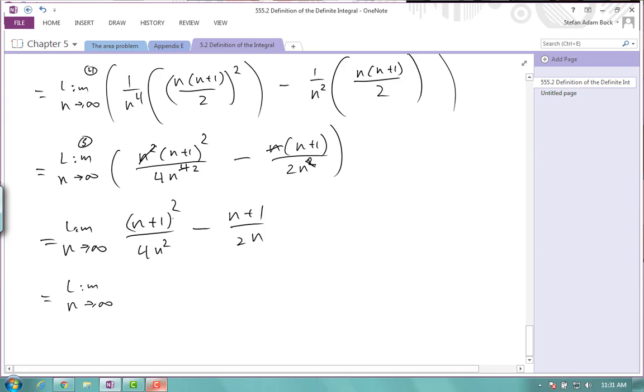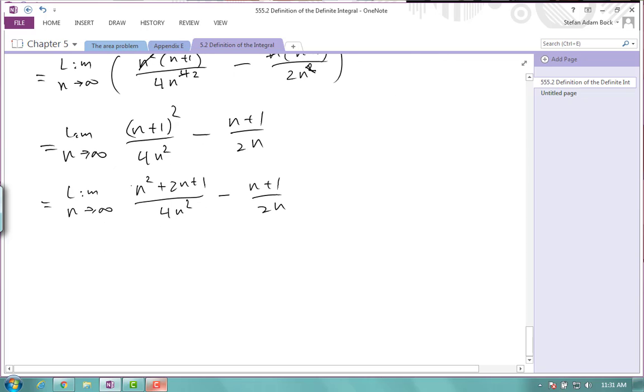So if I multiply out (n plus 1) quantity squared, I'll have n squared plus 2n plus 1, and that's all over 4n squared, minus (n plus 1) over 2n. So you can see here where I can take advantage of the coefficient thing for evaluating these asymptotic limits.